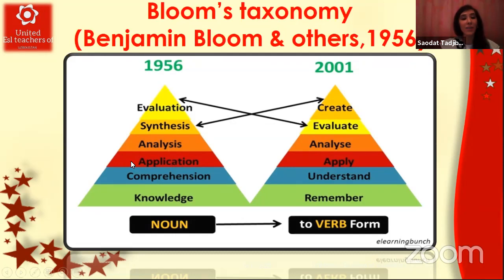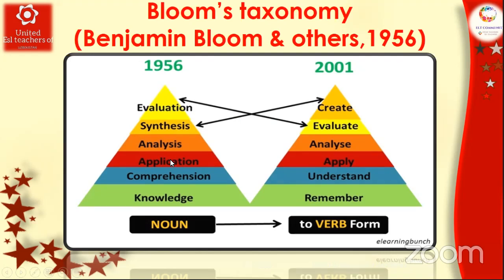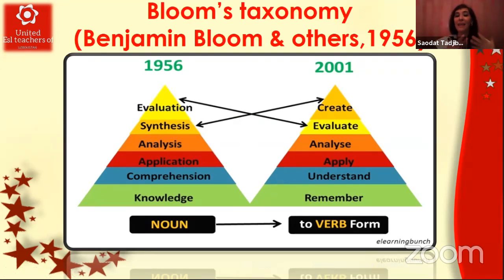Then they will apply this knowledge during the session, right? So the application process comes here. After application, they will see the results and analyze these results, the consequences of this activity. And then they will synthesize and evaluate this activity, this gained knowledge, at the end. So Bloom and his team jotted down the nouns here.